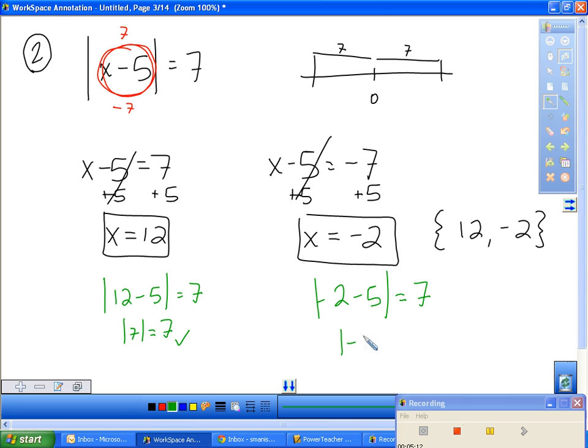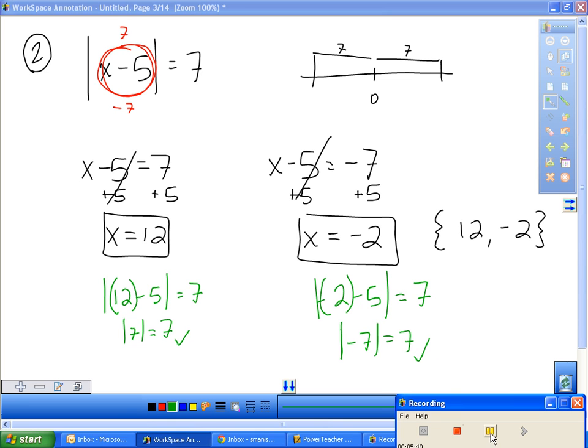And here we get a negative 7, but yes, negative 7 is still 7 spaces away from 0, so this also works. So this should make it a little more clear that when you're substituting your solutions back into the original problem, even though we have two very different numbers, the two different numbers do give us the absolute value that we're trying to find.